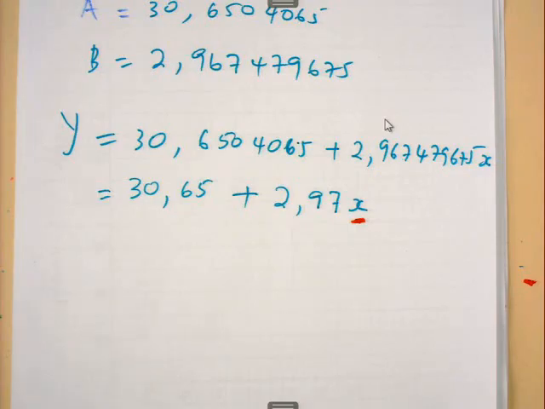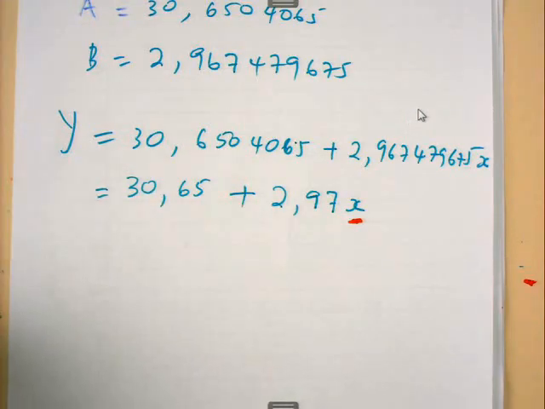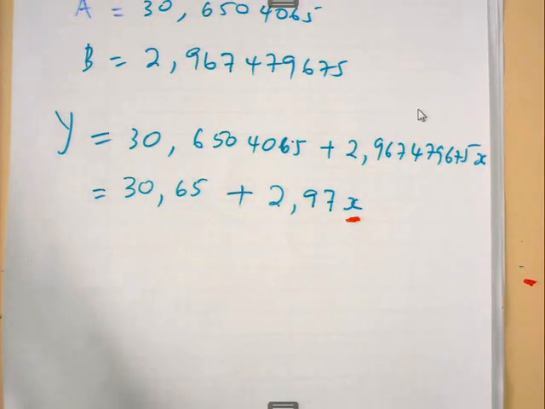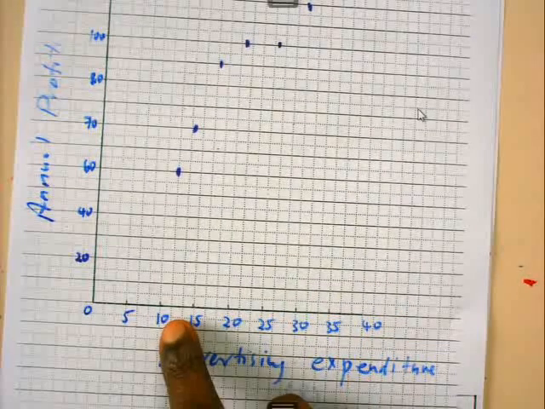On the calculator again, I put in our equation: 30.6504065 plus 2.967479675, and I'm saying brackets. Now I'm putting the value of x on the calculator. I check my scatter plot, and for x, let me take any value, let's say 10 for instance.